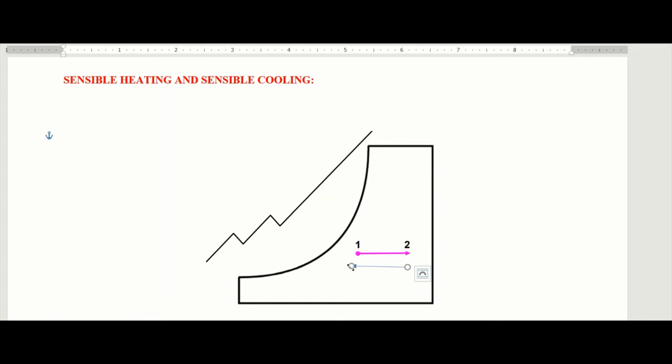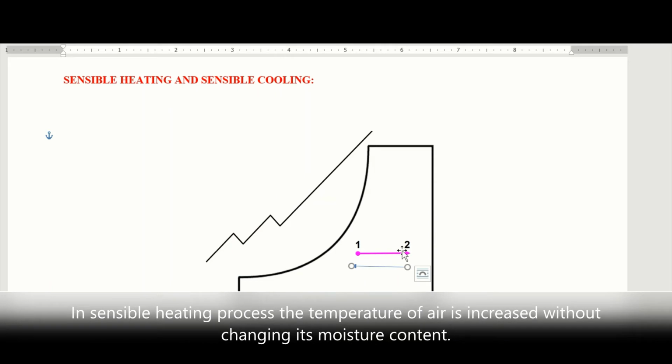Now, what about sensible heating? What you are seeing on the graph, when the line is going towards your right, is known as sensible heating. Sensible heating process is opposite to sensible cooling process. In sensible heating, the temperature of air is increased without changing its moisture content, as you can see on this chart.